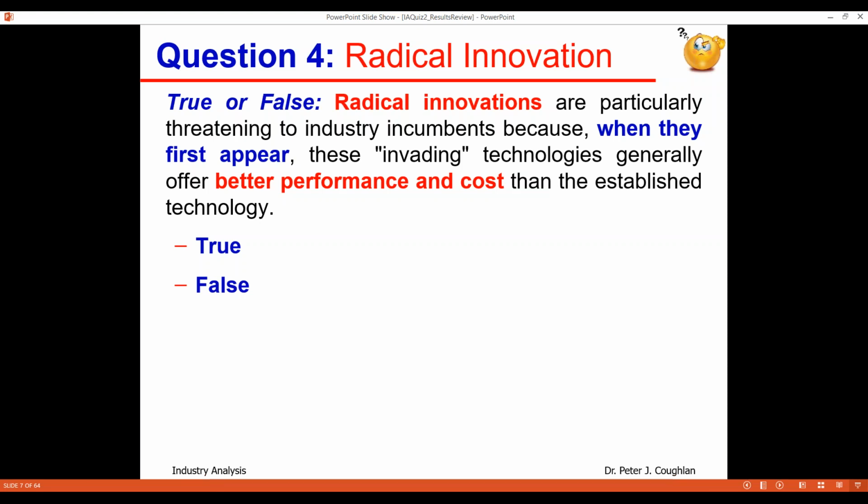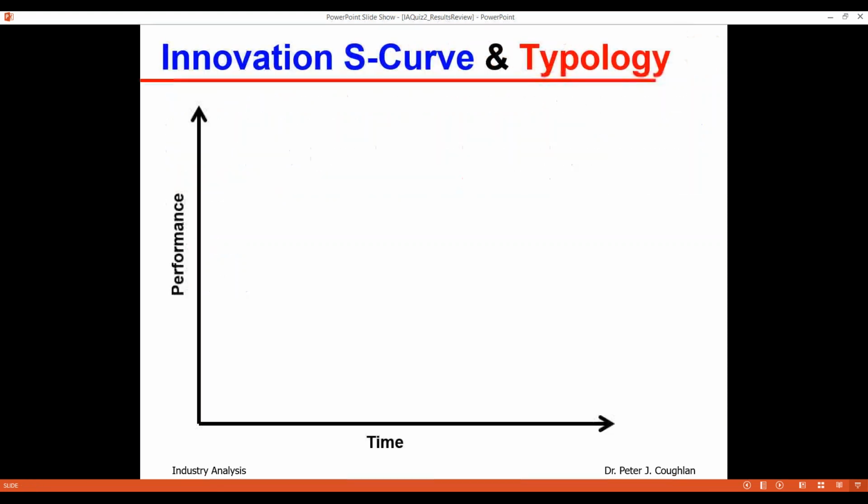Let's look at it. To look at this question, these are some slides that I presented to you during, I think, lesson 7, in the Baruch lecture on industry change and innovation. I talked about the different types of innovations based on this S-curve topology. So we already talked about the S-curve performance trajectory of technologies.